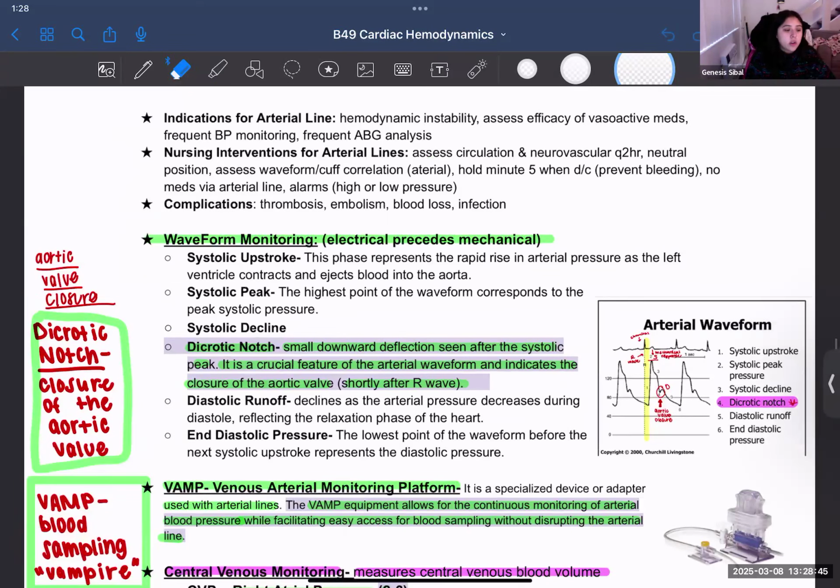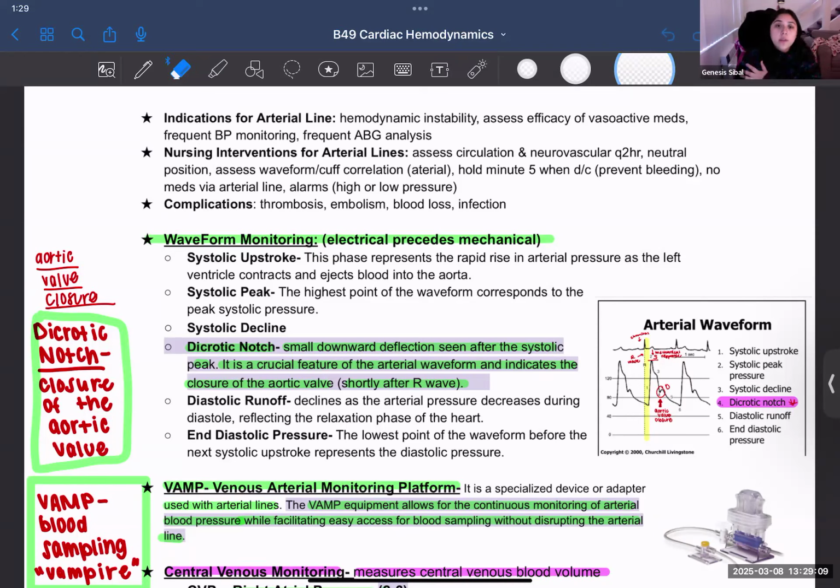So again, interventions for an arterial line, hemodynamic instability. You're looking at them for vasoactive meds and BP monitoring, because we want to make sure the blood pressure is where it should be and that they are being properly perfused, oxygenated, and everything. So you're looking at their circulation, neurovascular checks, assessing the waveform, and cuff-to-line correlation.